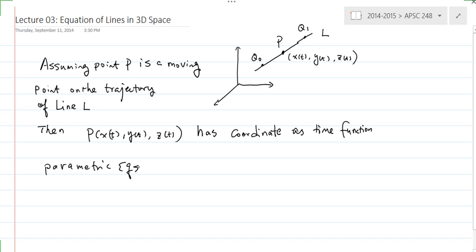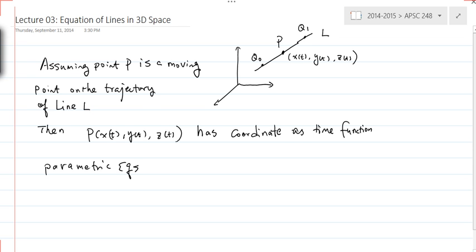A little better? Okay. Let's bump it up a little more. Okay, that's the highest I can go from there. Is that better? Yeah? Okay.